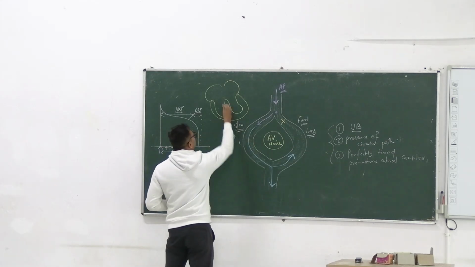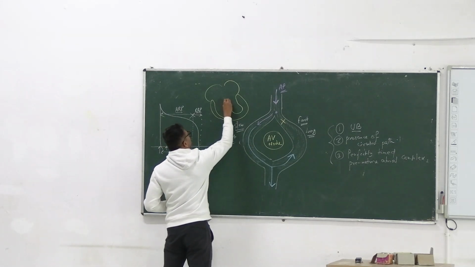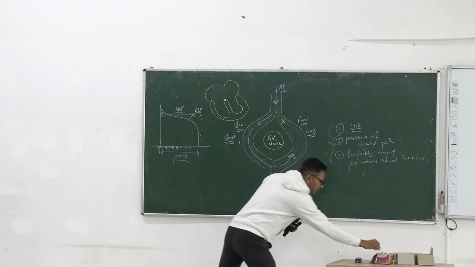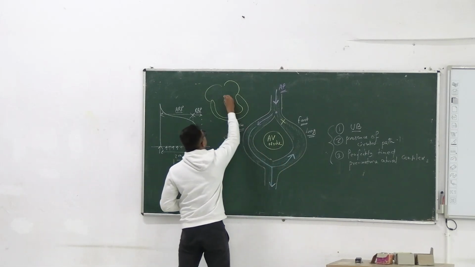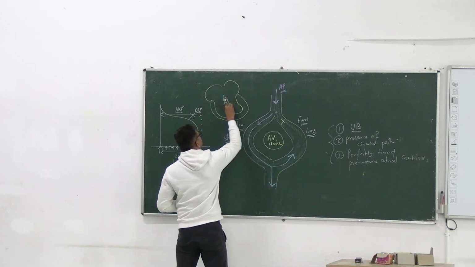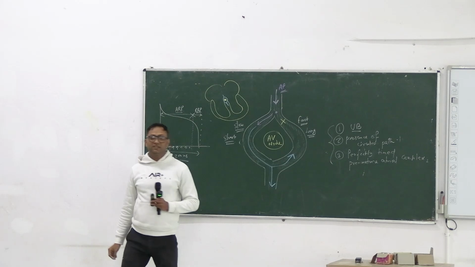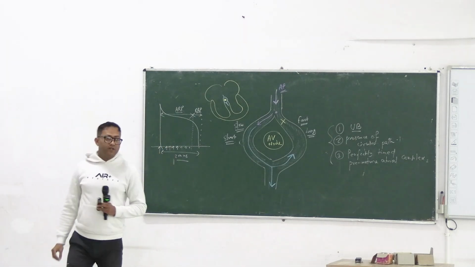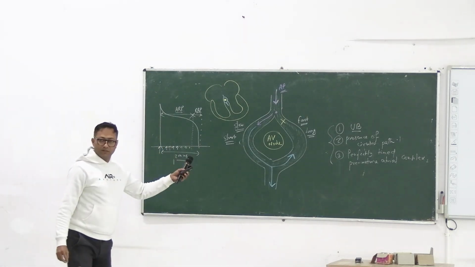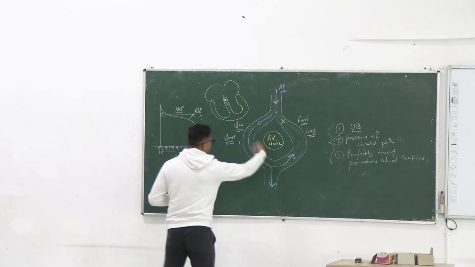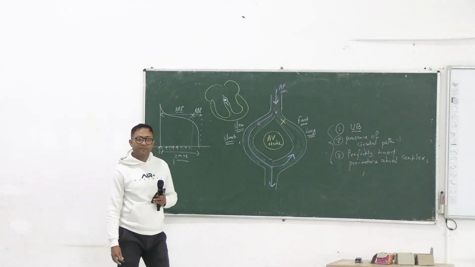Now this is the AV node, and around this AV node you have this circular path. Clear? Around this AV node you have this circular path, which I have enlarged and presented here, right?